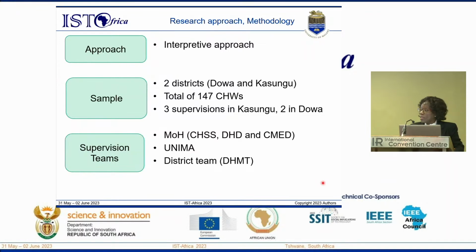I've gone back to this slide where we have a look at the supervision teams. The last bullet is the district team. These are much closer to the community health workers, and they're within the locality. From the districts, these are people who have already been designated, as part of the existing system, to monitor the community health workers.